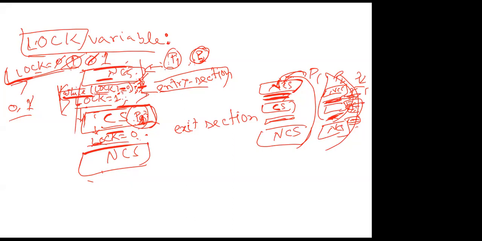It is just busy with the while loop and doesn't do anything significant, just executes the while loop until the other process completes its critical section and makes the lock value 0.